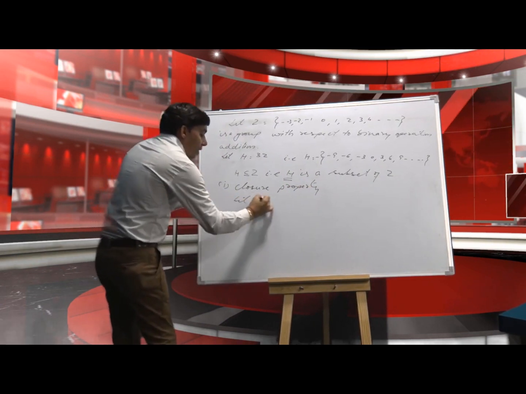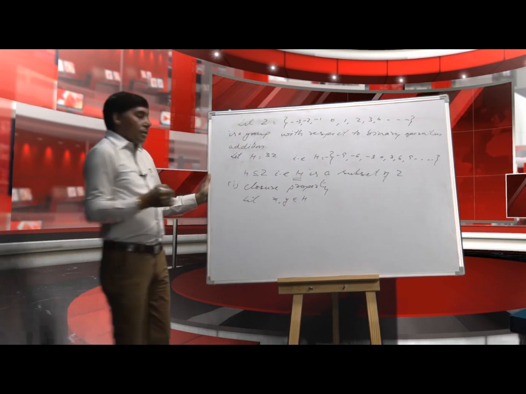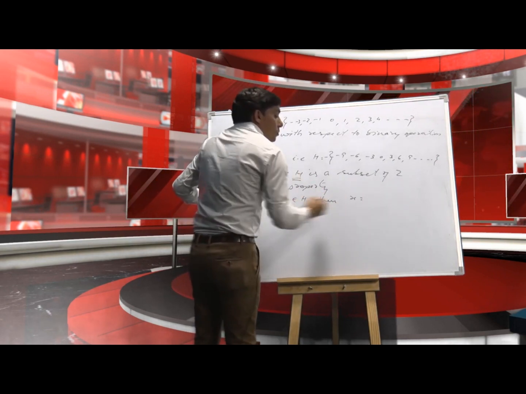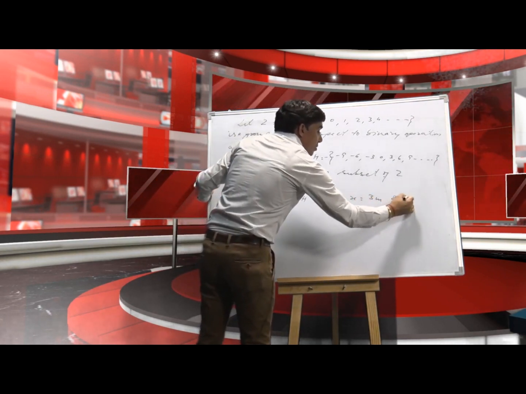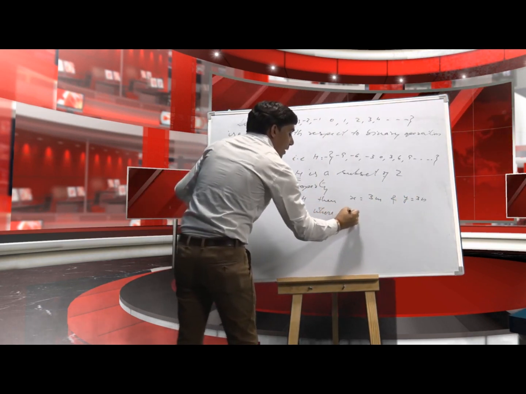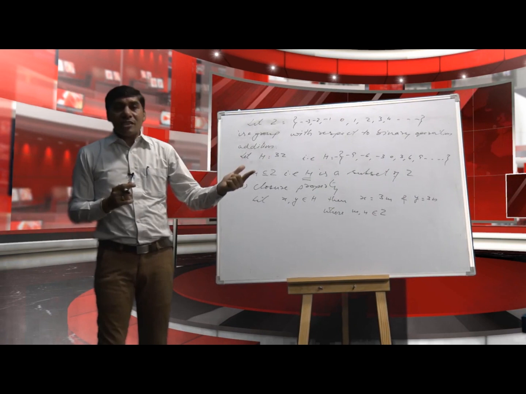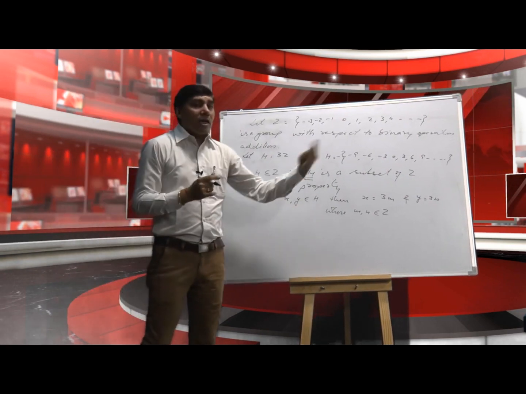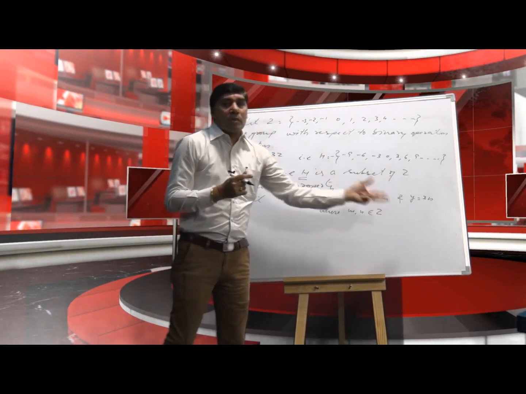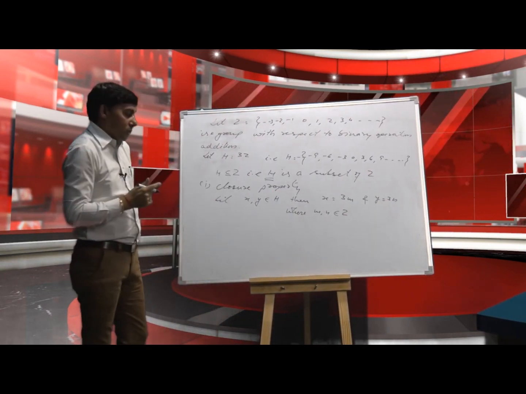Let x, y belong to H. Then x equals 3m and y equals 3n, where m, n belong to Z. Since x and y belong to H, x and y are multiples of 3. Since m is an integer, 3 into m is a multiple of 3. Similarly, n is an integer, so 3 into n is also a multiple of 3.